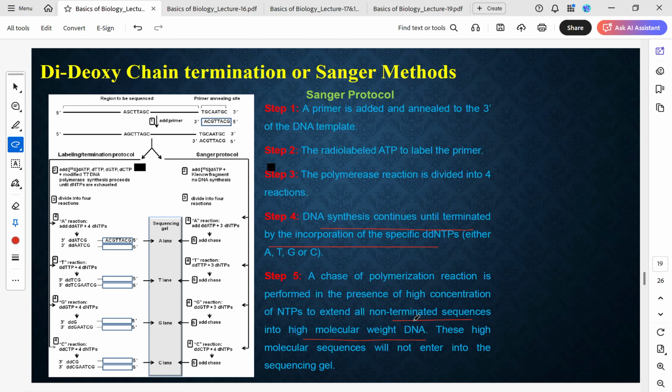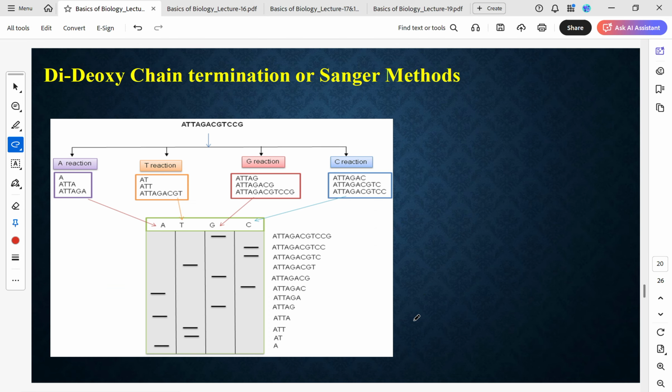These won't enter the sequencing gel. So you get something like this, wherein the reaction will have terminated at different positions depending on what the sequence is, and then you can read the gel and get an idea of what the sequence is.